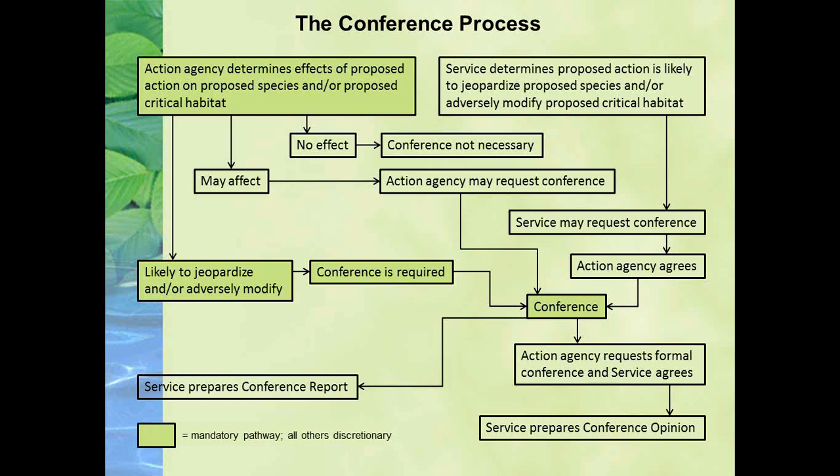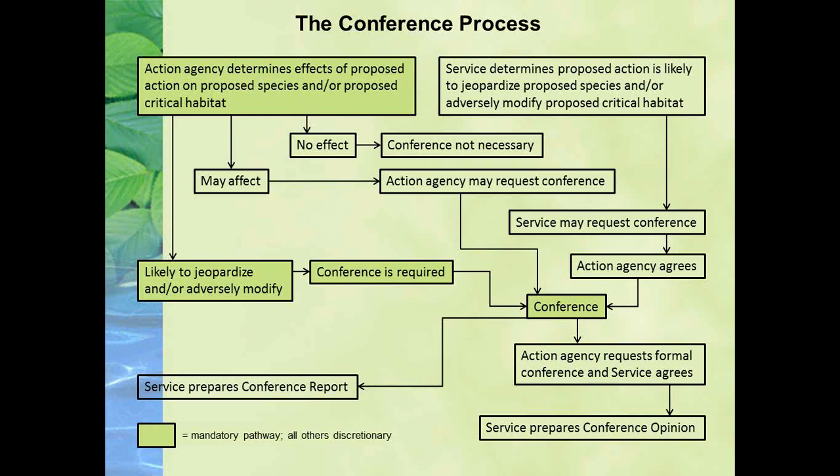If you determine may affect, you may request a conference, and then you may request that we follow the formal consultation procedures, in which case you get a conference opinion that we can adopt later as a biological opinion. Or if you don't request that formal process, you'll get what we call a conference report. It just summarizes the recommendations we're giving to you, to avoid and minimize adverse effects on the species and do good things with them.